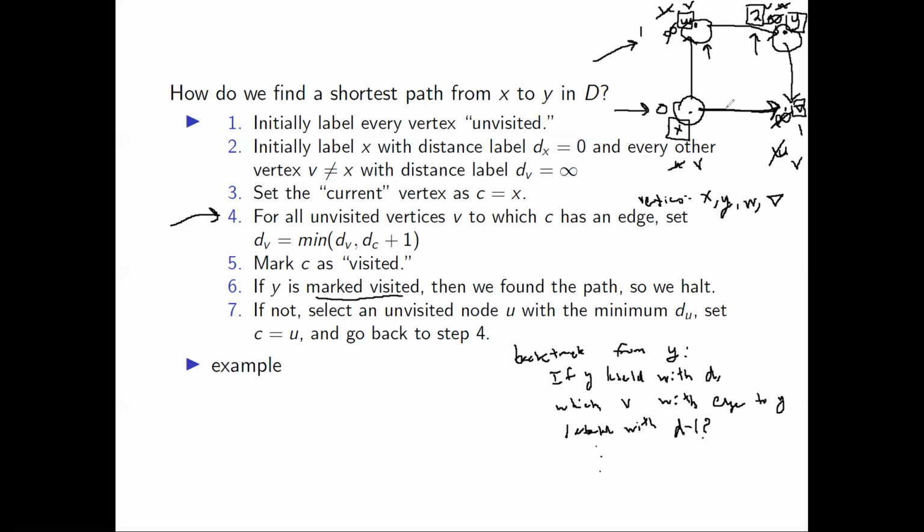And if we had a greater distance label on Y, then we would have to backtrack a little more. So for example, if we consider an example here where we have X and Y, and then we take this directed graph. So this one, we can start with X is 0, all the others infinity.